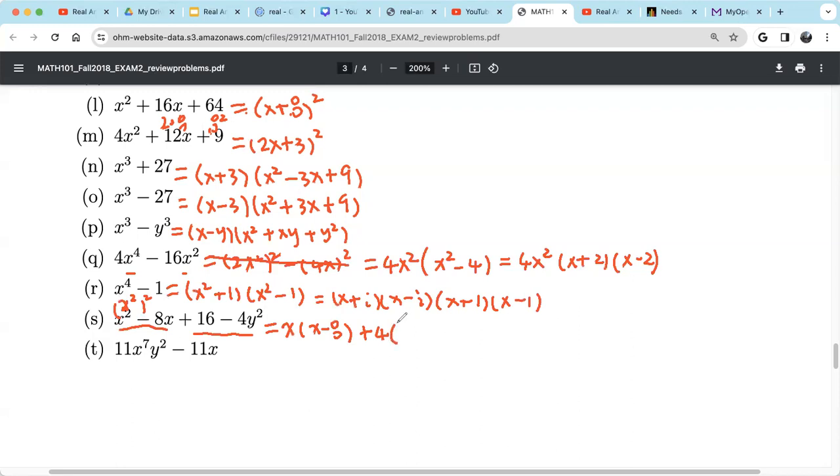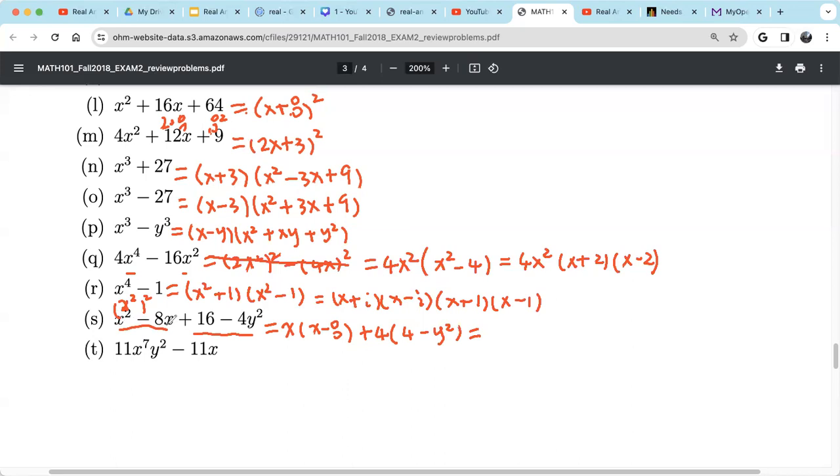Then we have 4 minus y squared. But one is x, one is y, so this has no common factor anyway. So maybe this question is made wrong. Let's see. Yeah, this one cannot be factored.